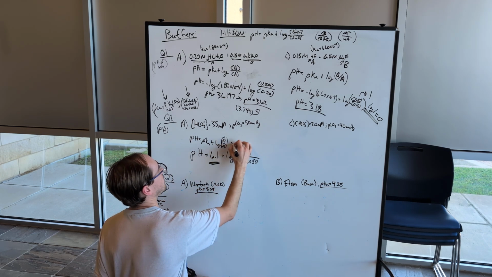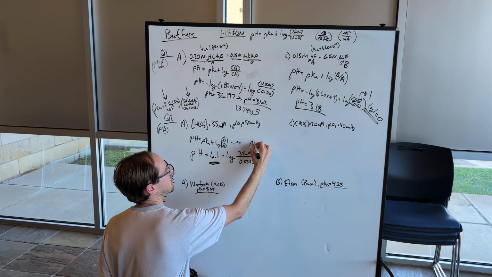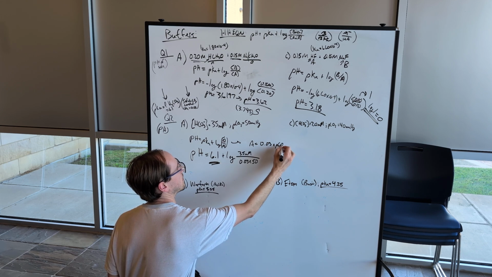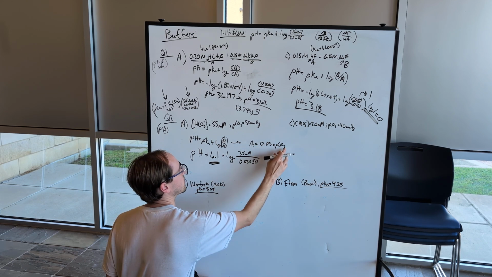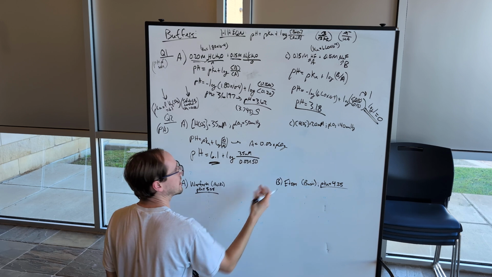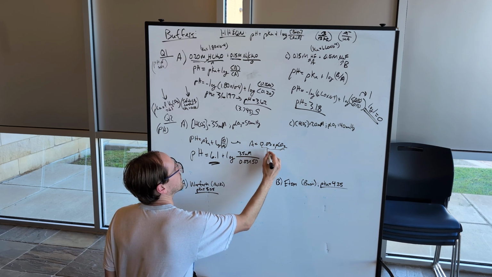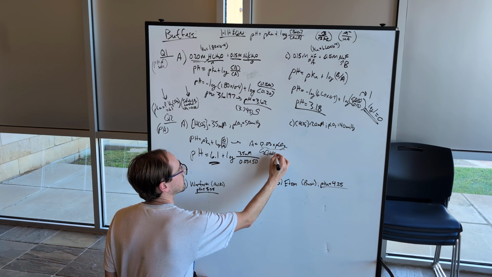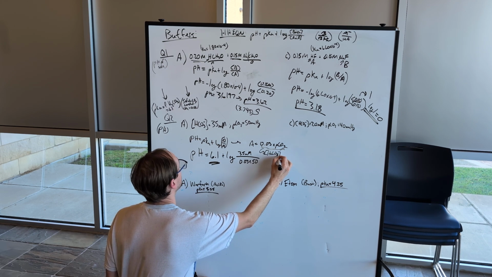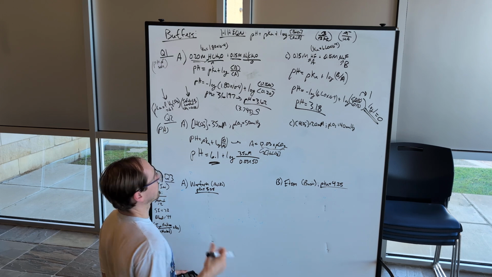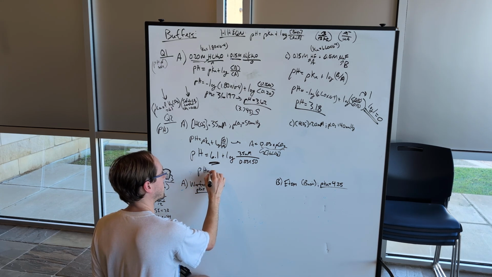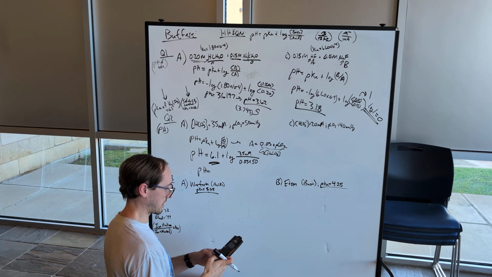So what we're saying here is that the acid part of it is 0.03 times our PCO2, because this gives us a concentration of H2CO3. Okay? And then it's just plug and play from there into a calculator, and you should be able to get this.